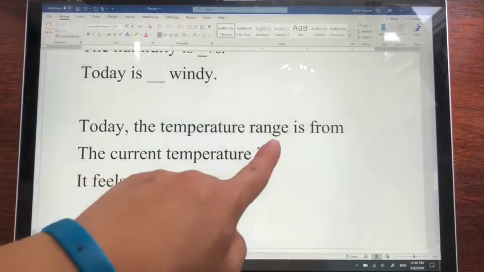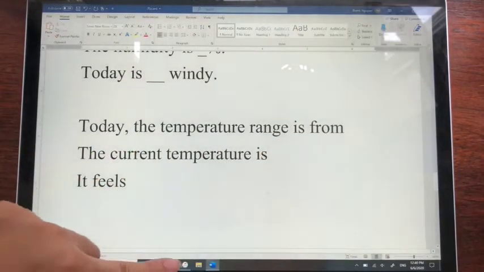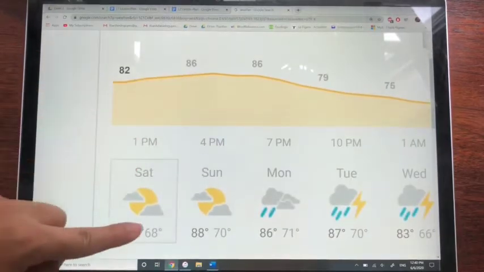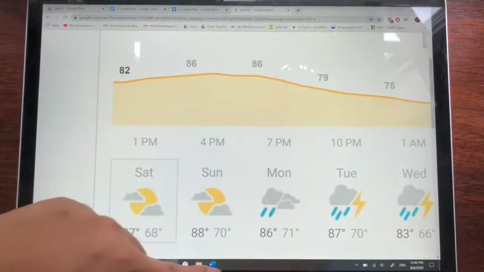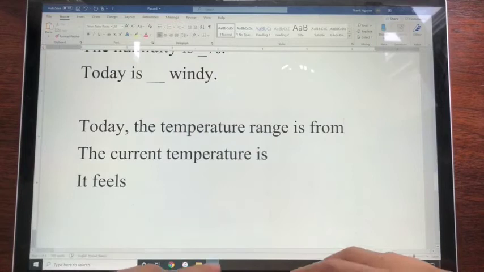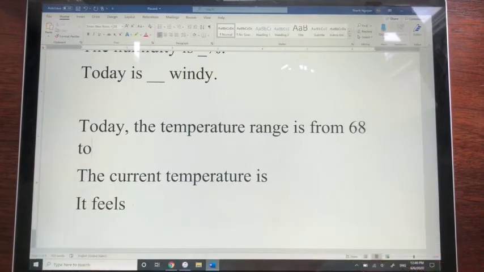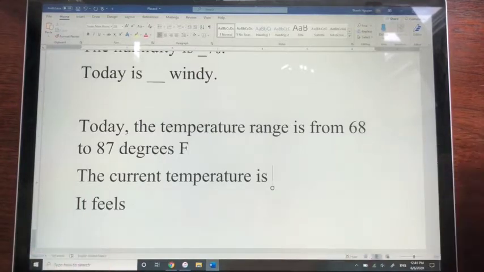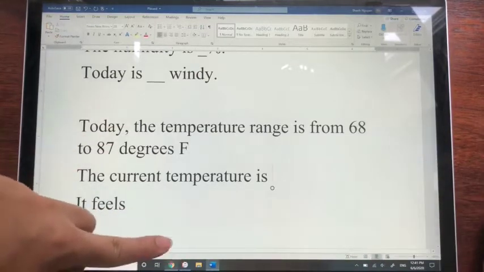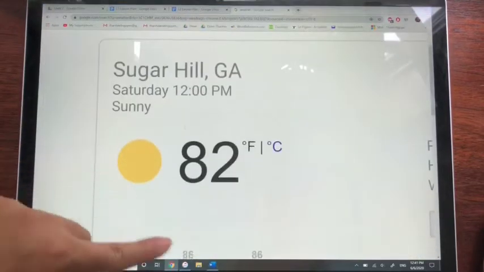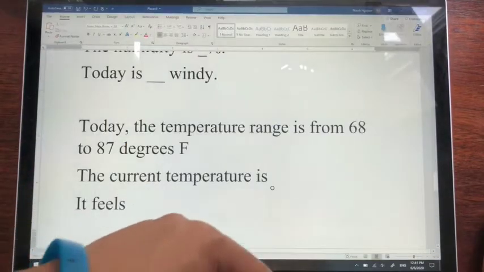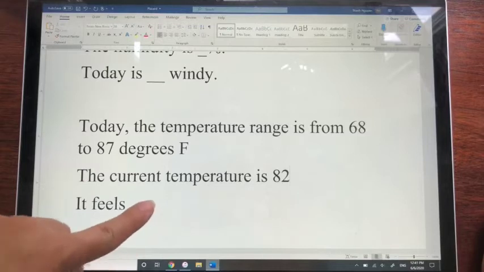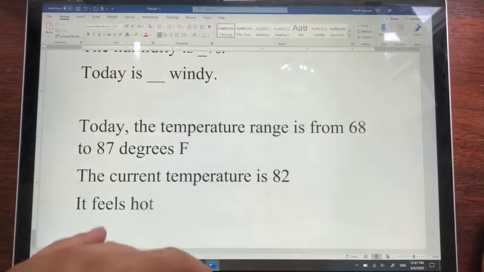Today, the temperature range is from 68 to 87 degrees. The current temperature is 82 degrees. It feels hot.